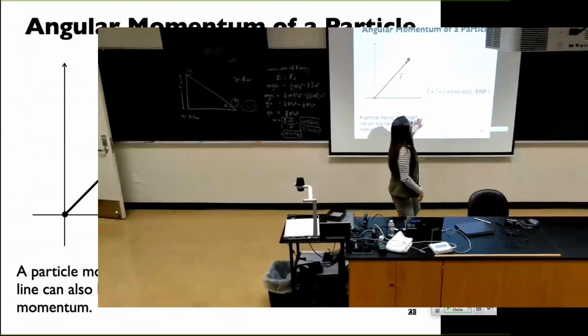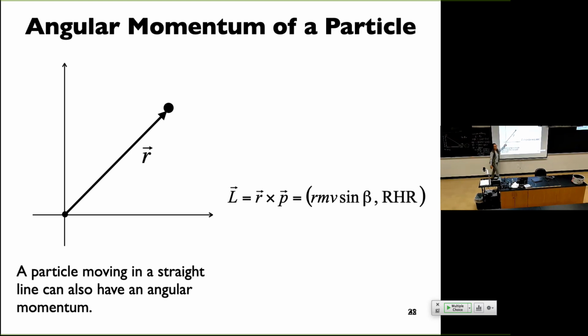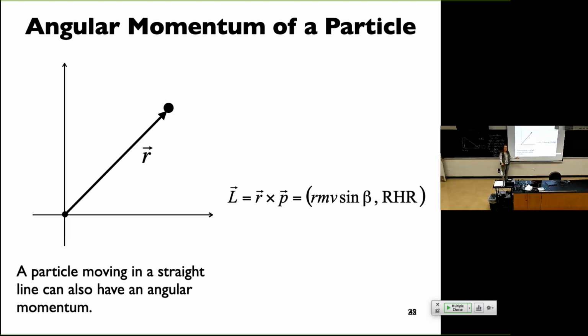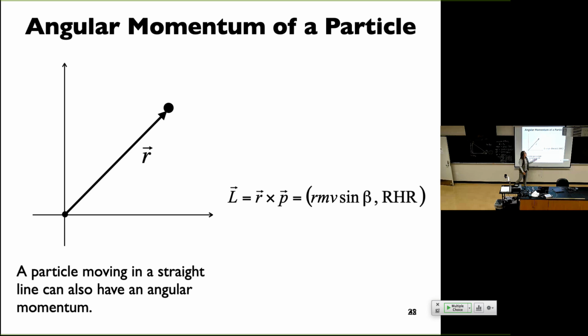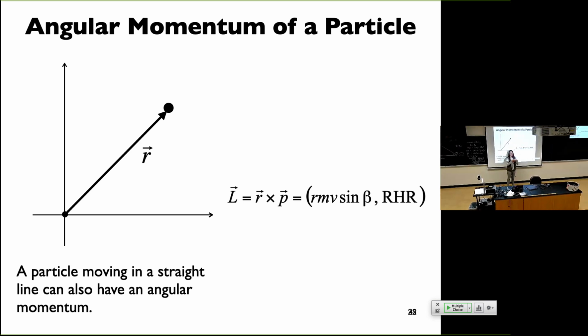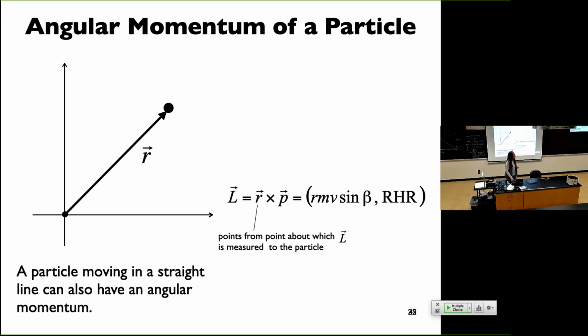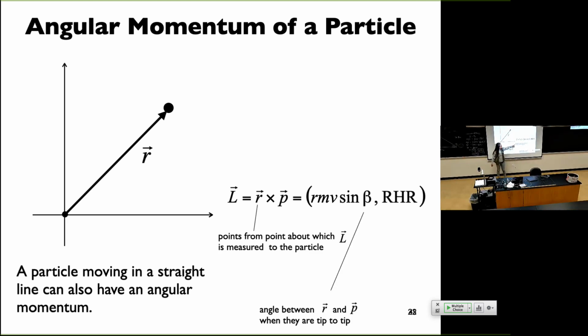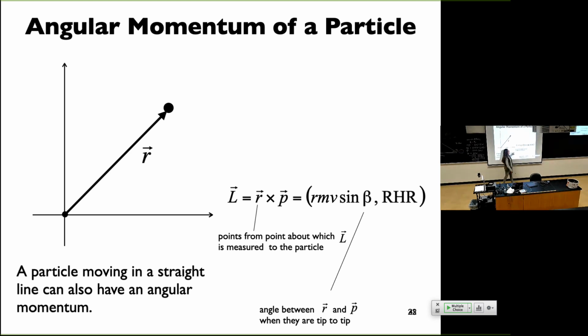So when we talk about r, that's just going to be the distance from any pivot point of an object that can rotate. So you'll have something with a linear momentum. It'll interact with something that can rotate, and so your r is going to be that distance to the pivot point. Okay, and so this points from the point about which L is measured, from the rotational axis to the particle.